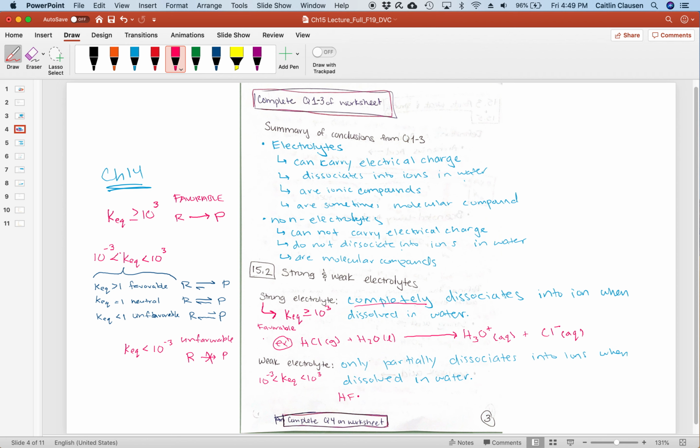So take HF gas, for example. If you try and dissolve that in water, you will find that only a little bit of it actually gives you hydronium ions and fluoride anions. Most of it's going to stay as hydrogen fluoride gas. So specifically the KEQ less than 1, but above the 10 to the minus 3. So we're in this gray area. So the reaction still proceeds, just not very much.